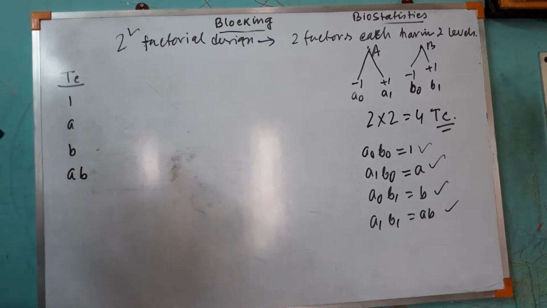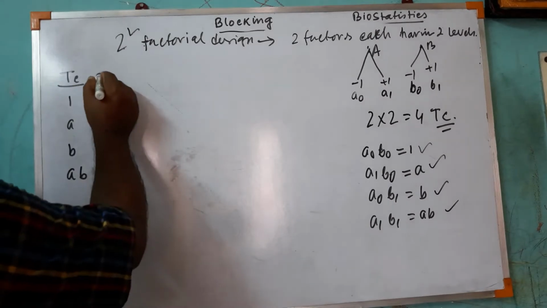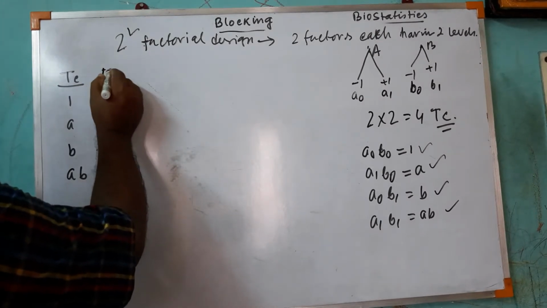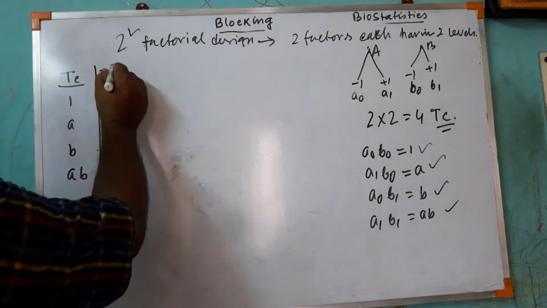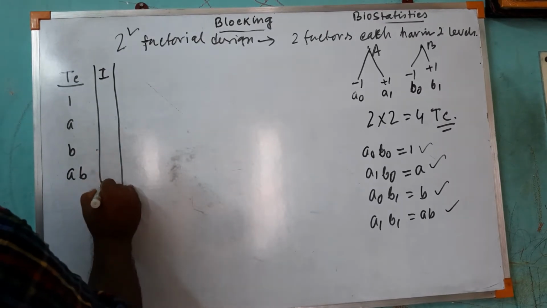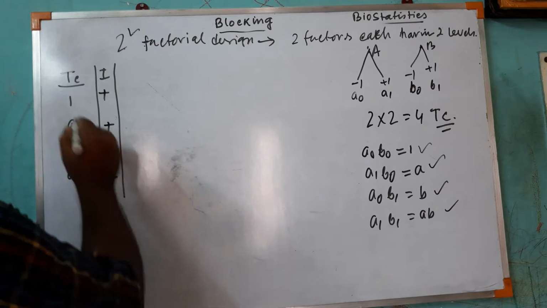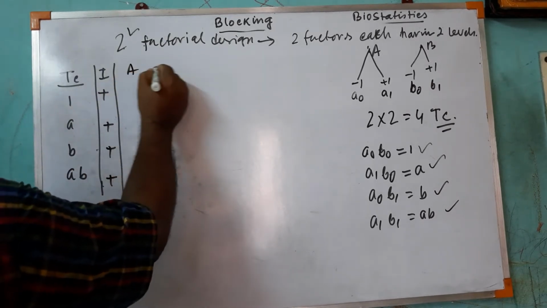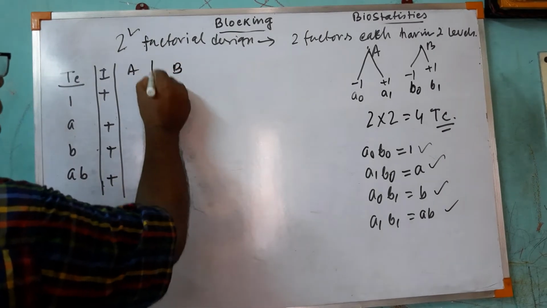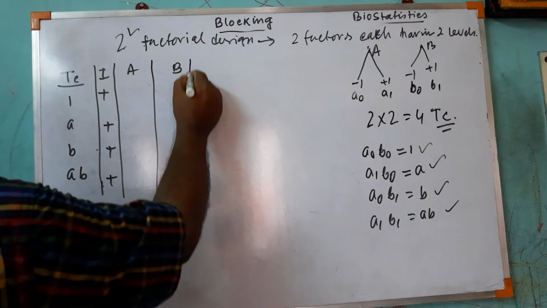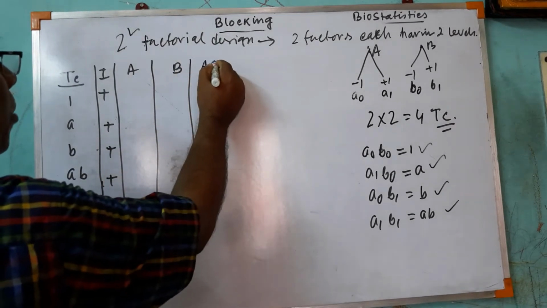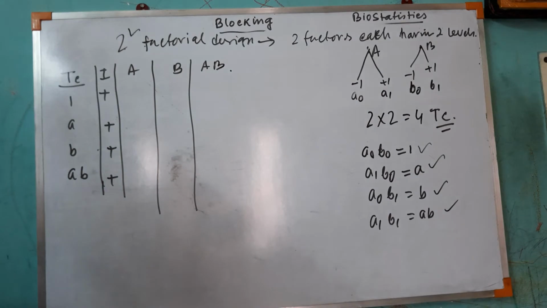These are the treatment combinations. Then you can write I, identity, that is all are positive. I am taking here. Then A, that is factor A, factor B, 2 factors are there. Then AB. Now follow me.